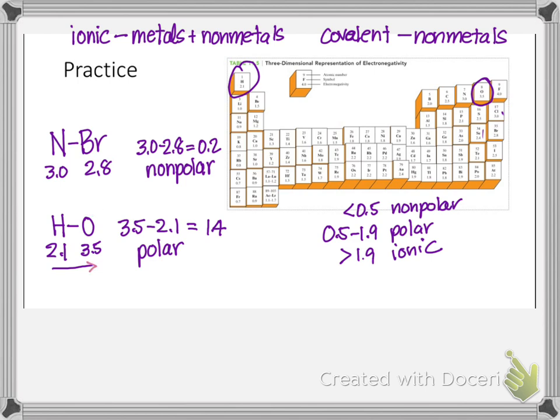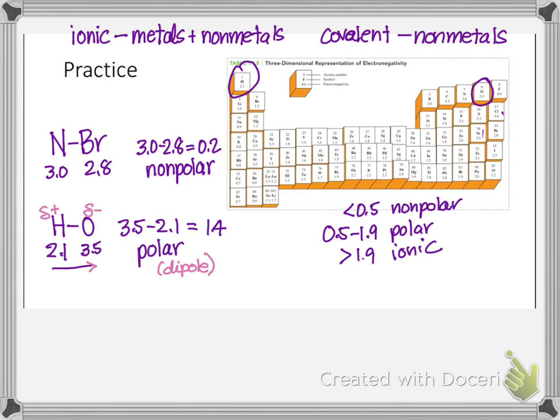Negative here, and then a positive here. This has a dipole. So it's always the higher electronegativity gets the negative side, and the other one gets the positive side. And I do ask you to do this when you answer questions like this.